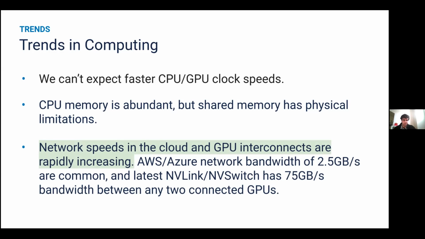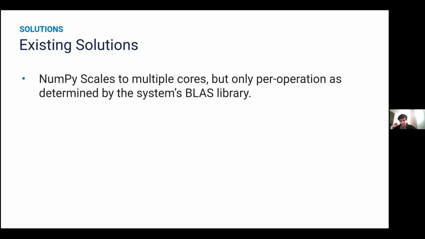Here we're really relying on increased network speeds and GPU interconnects to allow a high-level language to be developed on top of low-level systems. All right, so what are the existing solutions?